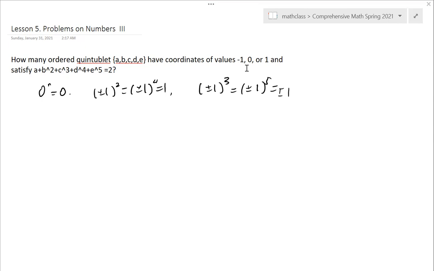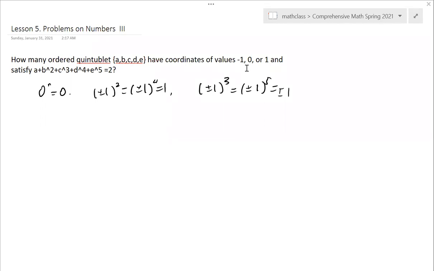So the value for each of a, b squared, c cubed, d to the fourth power, and e to the fifth is one of these values, because we know that a, b, c, d, e have coordinates of values plus or minus 1 and 0.